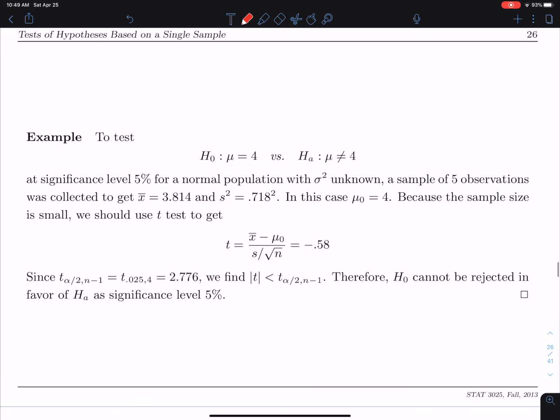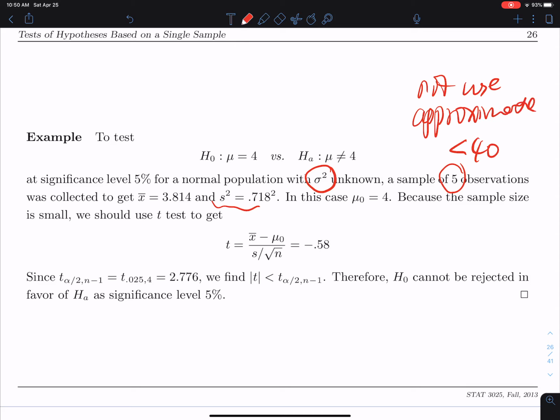For example, we are not given the sigma square. However, we have the x bar equal to 3.8814 and a sample variance equal to this, and we only have 5 observations. 5 observations is way less than 40, so we cannot use the approximate test.